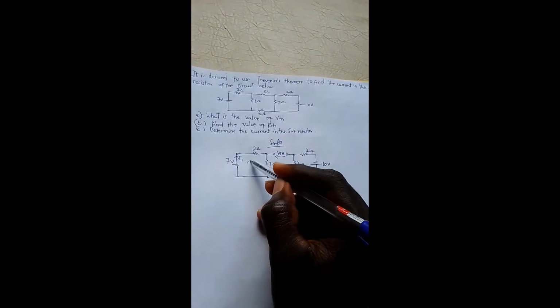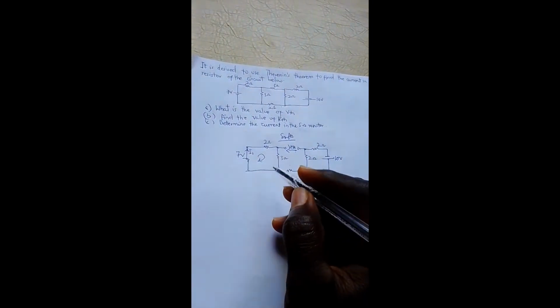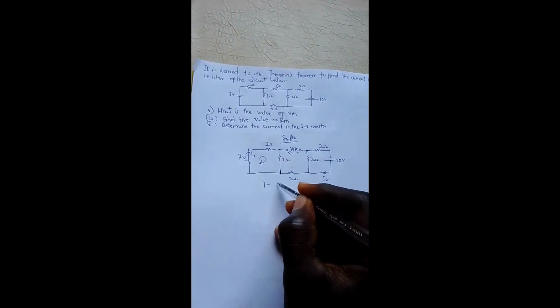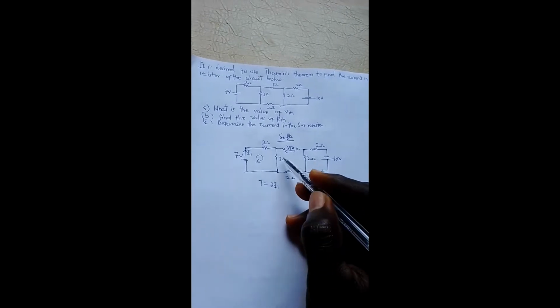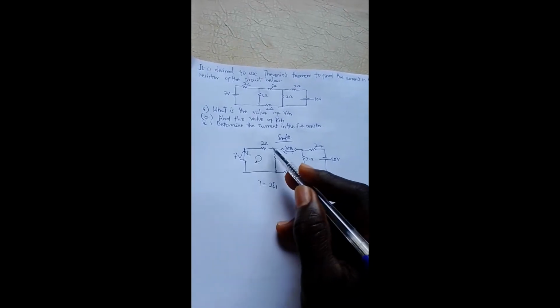So I have to take this loop to find my I1. Taking that loop, I'll get my 7 to be equal to 2I1 plus this voltage drop. The same current is passing through, so I also get 3I1. Therefore my 7 will be equal to 5I1, and therefore my I1 is equal to 7 over 5 amperes.